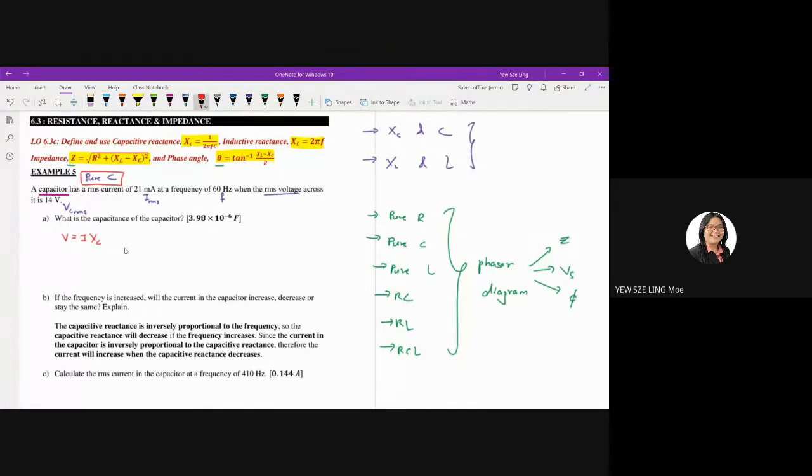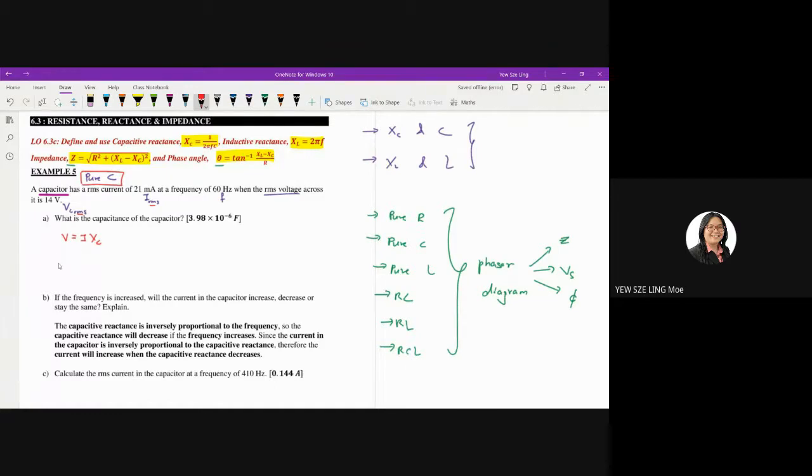When it comes to a pure circuit, R you replace with XC because now you have just one component. If you have more than one, then it becomes VIZ. Since you have a pure C circuit, we know that V equals IXC. According to the question, you have IRMS and VRMS. They both come from the same family, meaning that now you can use them to calculate capacitive reactance.